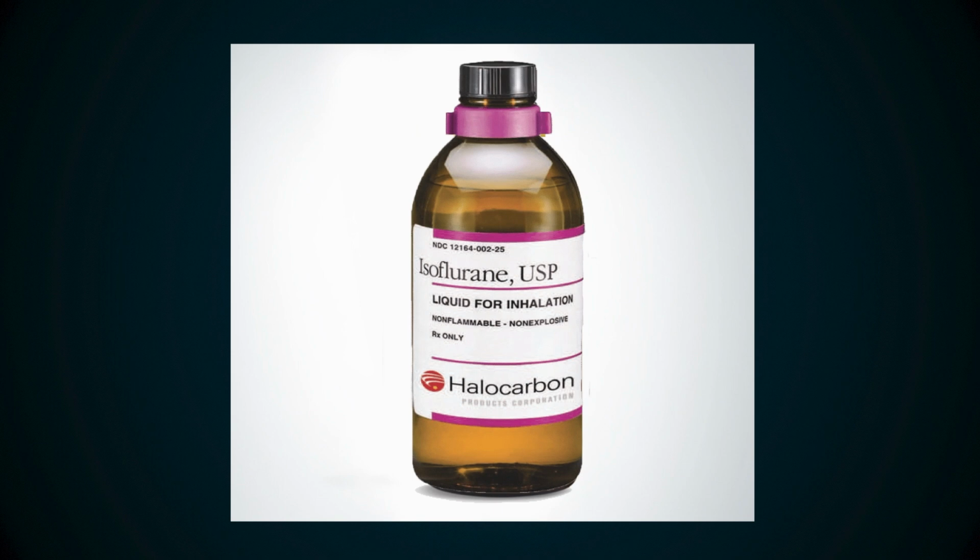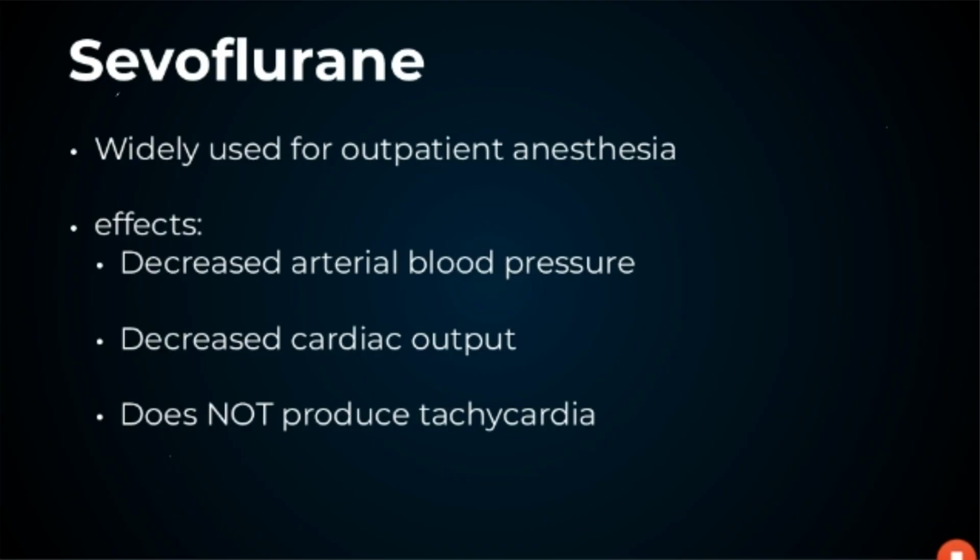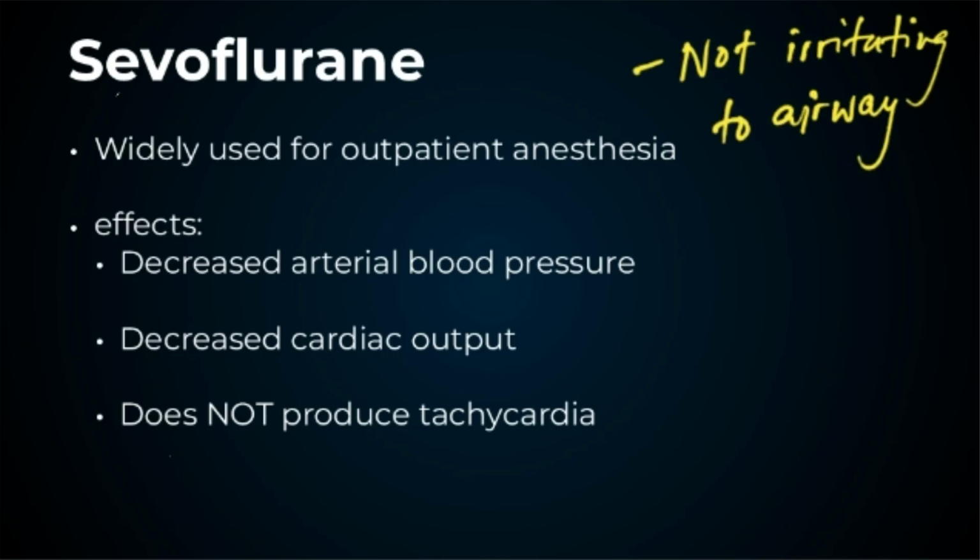So this is your isoflurane liquid for inhalation. It is placed in the anesthesia machine and given to the patient through inhalation. We also have sevoflurane. Sevoflurane is widely used for outpatient anesthesia because of its rapid recovery profile and because it is not irritating to the airway, even if it is a potent bronchodilator.